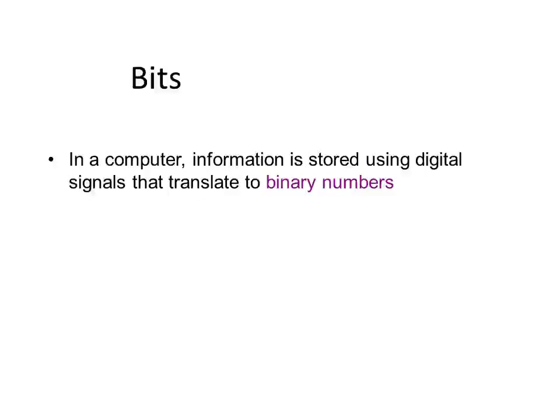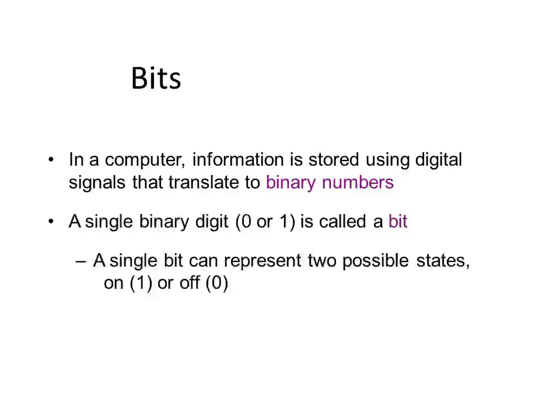Binary numbers have a number of bits. That means a single unit of a binary number is called a bit. A single binary digit is known as a bit. It may be 1 or 0. 1 stands for on and 0 stands for off.